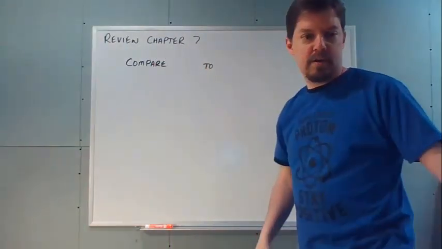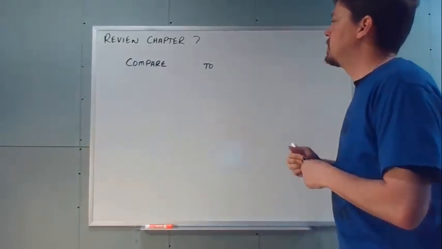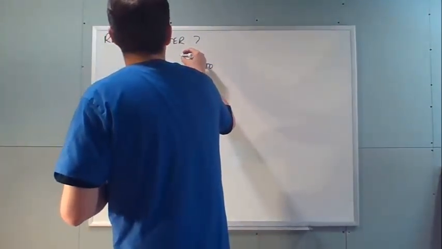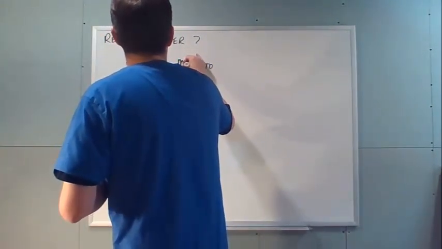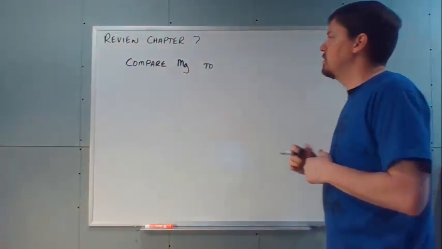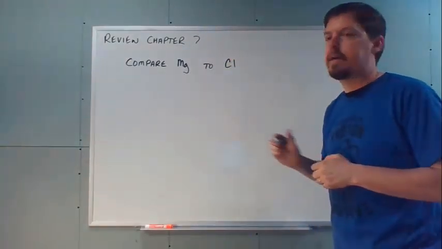Okay, let's look across a row now and see how it relates there. So let's compare magnesium, which we know is in row 3, to chlorine. All right.